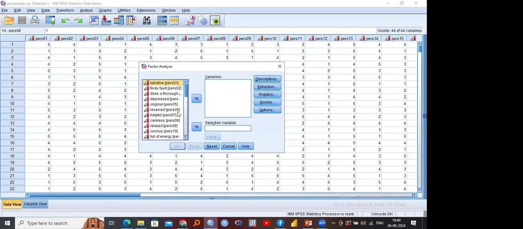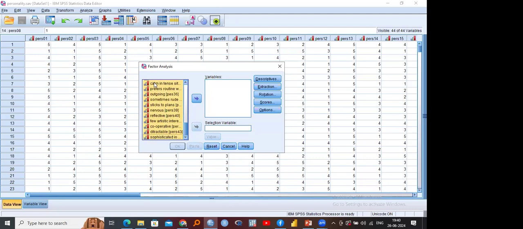Now there are 44 variables and you have to reduce the dimension of these 44 variables. Select all of them and put them on the right. How to do it? You can manually select them one by one and put them on the right, or you select the first one, press shift and down arrow, and keep on selecting all the variables.